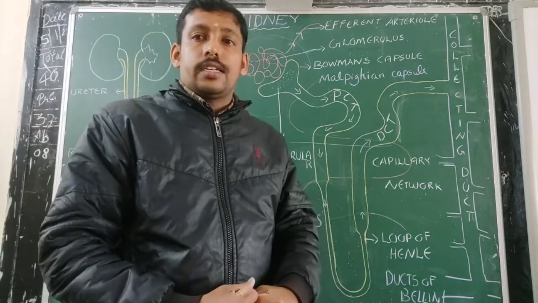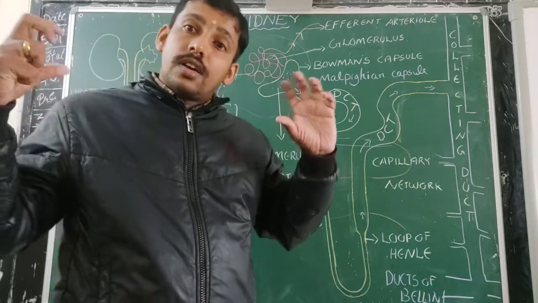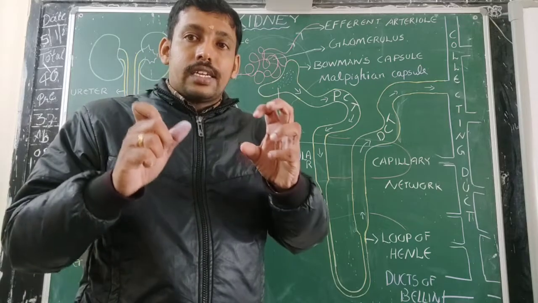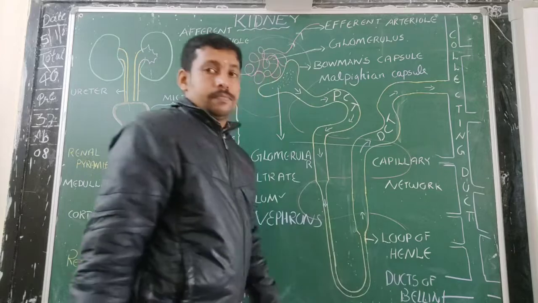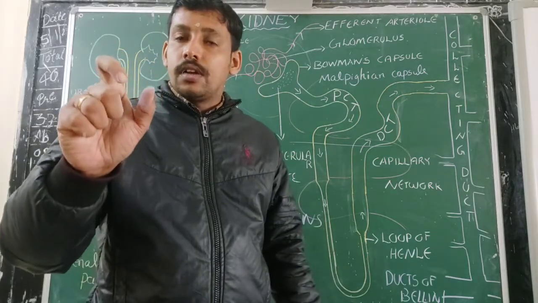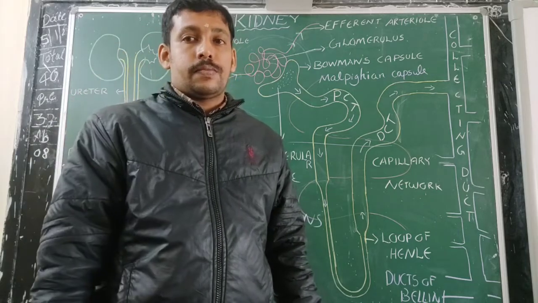These collecting ducts join to form a larger duct, and those larger collecting ducts are known as the ducts of Bellini. The ducts of Bellini means what? It's nothing but the larger collecting ducts.